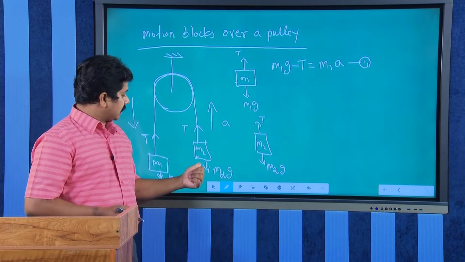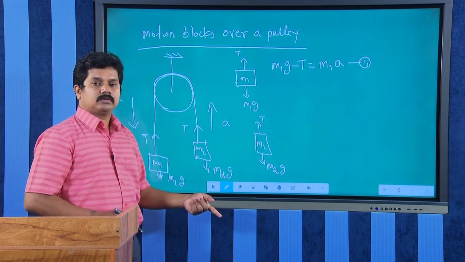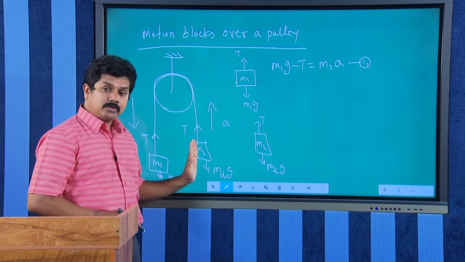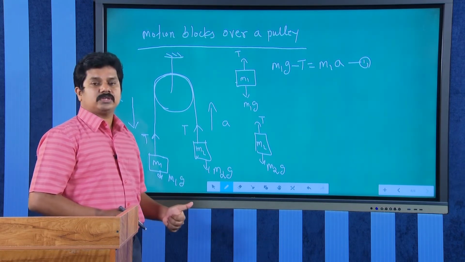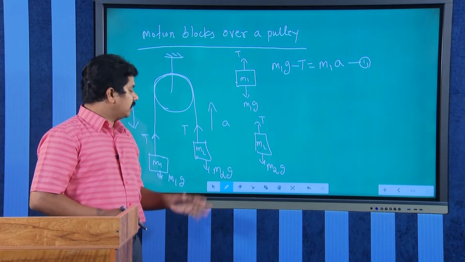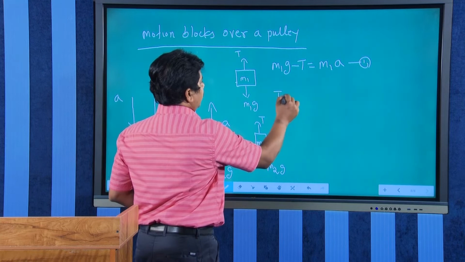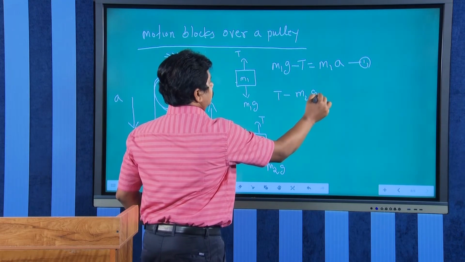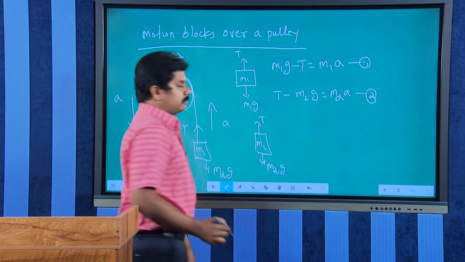Now, what about this second block? What are the forces? T up and m2g down. We know m2 is moving up. So, which will be greater, T or m2g? Definitely T will be greater, right. So, we can write T minus m2g equal to m2a, right, because T is greater.